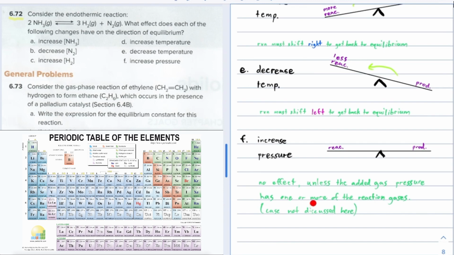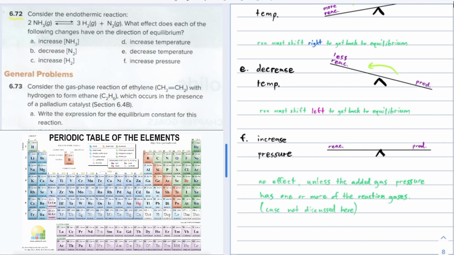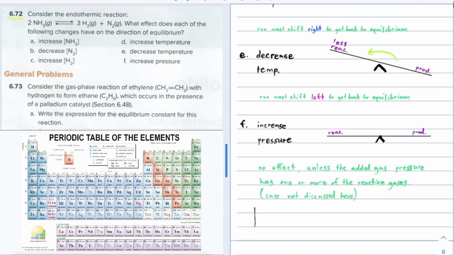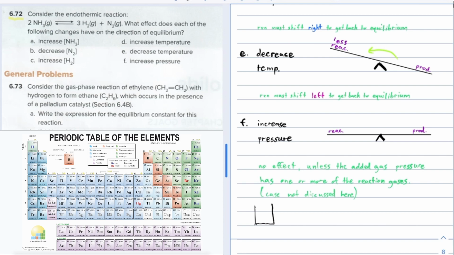Now, there's a different way to increase the pressure. If you have the reaction happening inside of a chamber, maybe like a gas chamber with a piston, one way to increase the pressure is you lower that piston. Suppose you squeeze the reaction mixture down into a smaller volume. That would increase the pressure. It would squeeze all those gas particles into a smaller volume.